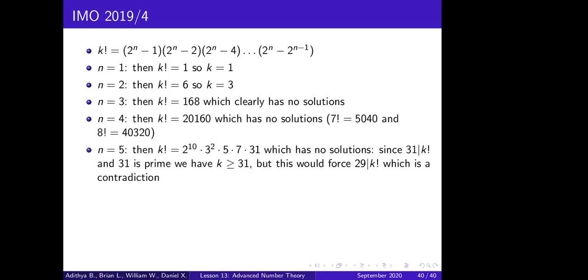And then n equals 5 is also not a factorial because basically we have, for example, 31 dividing the right-hand side. But if 31 were to divide a factorial, all smaller primes would have to divide it, but then 29, for example, doesn't divide it. Right, so this is why n equals 5 doesn't work. And so that's all the cases. Right, so then we just have that it's (n, k) equals (1, 1) and (2, 3). And that's all.